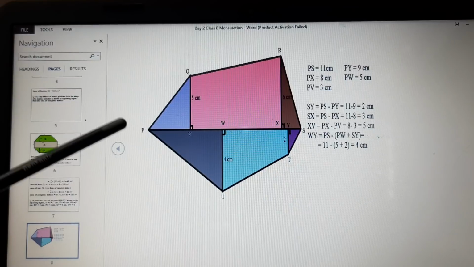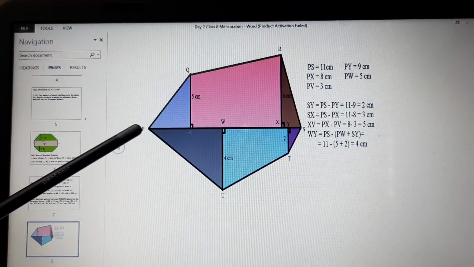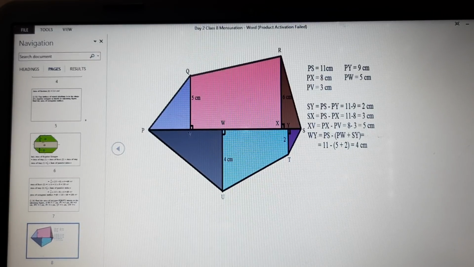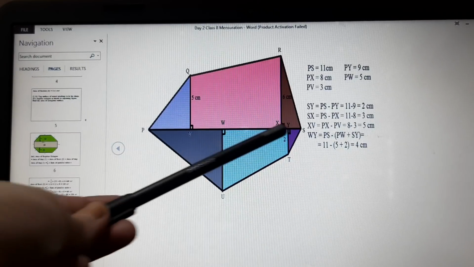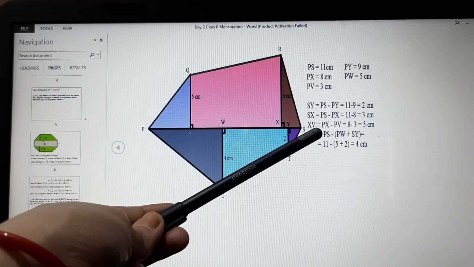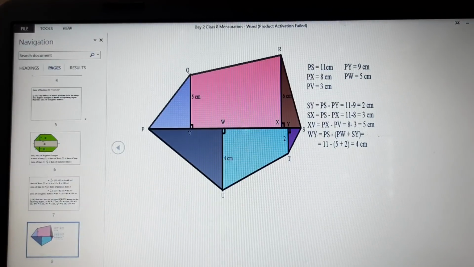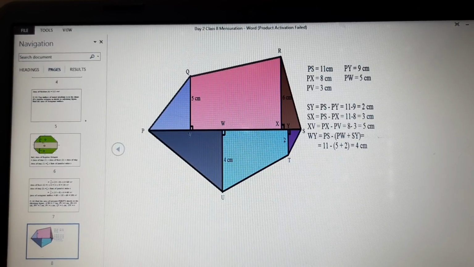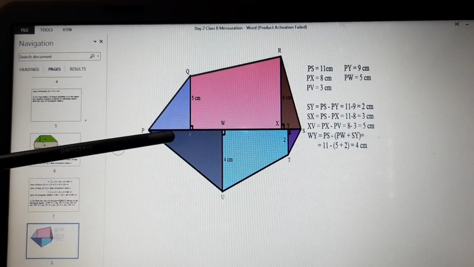It is given that PS is 11 and PX is 8 centimeter. So PS minus PX becomes SX. So SX will be equal to PS minus PX, that means 11 minus 8, that means 3 centimeter. Clear?